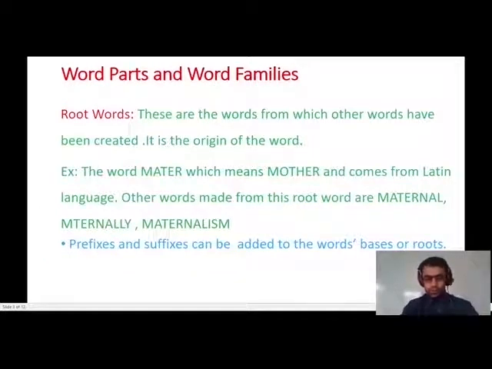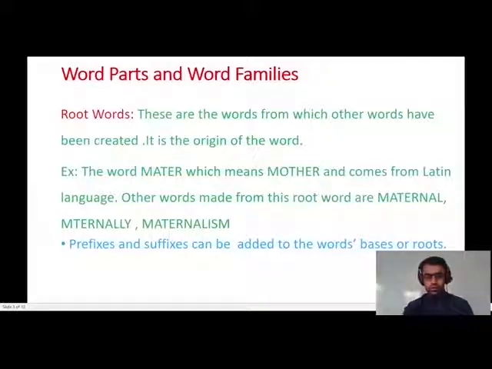Root words. Root words are the words from which other words are made. Usually we can call it the origin of the word. The origin means the source that other words are made from. For example, the word mater, which comes from the Latin language and is still widely used in English, means mother.